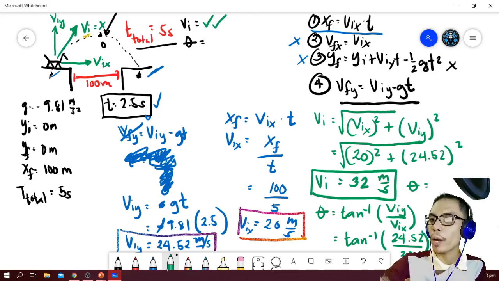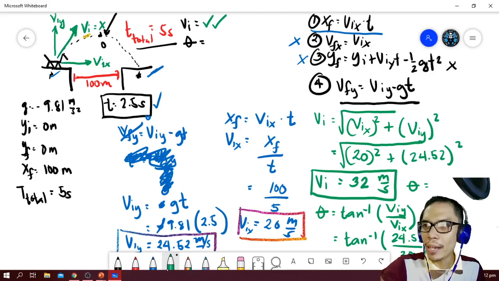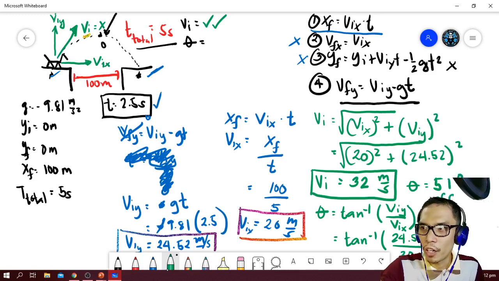So that will be 50.79, or 51. The angle at which the horse jumped is 51 degrees off the horizontal.